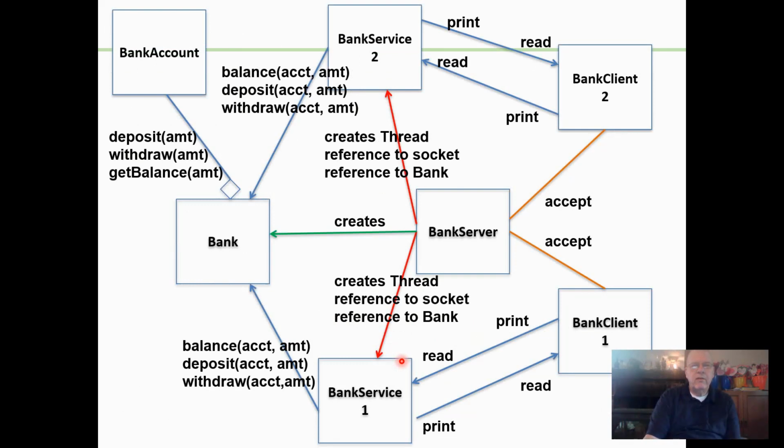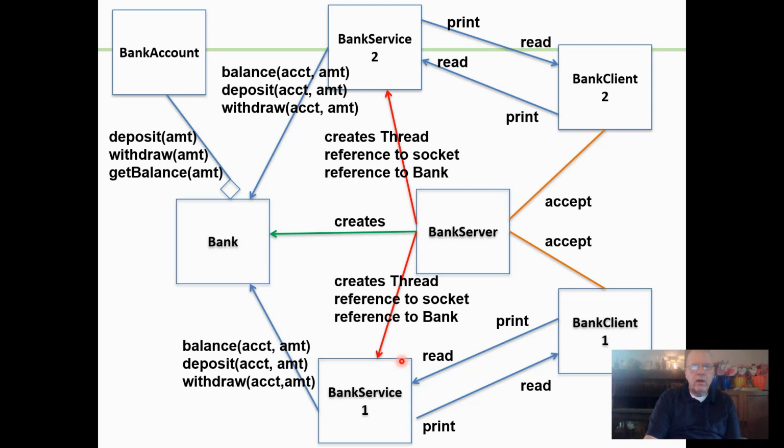So this is a bit of a complicated diagram, but it explains all the features of this lab, which originally was a lab. We're not going to ask you to implement it. The bank server creates a thread, a reference to a socket, and a reference to the bank.